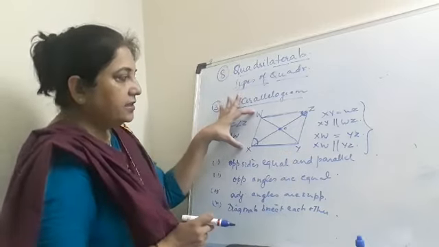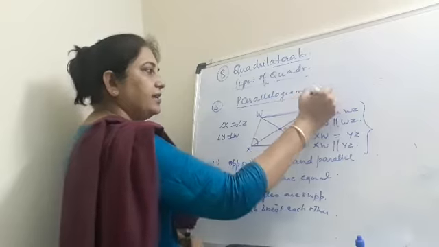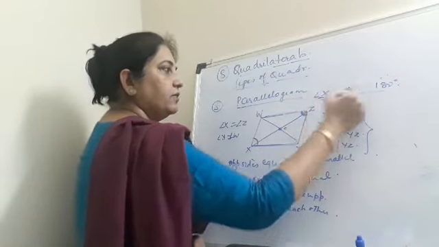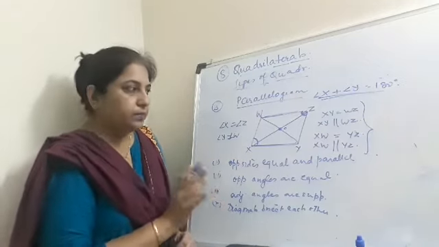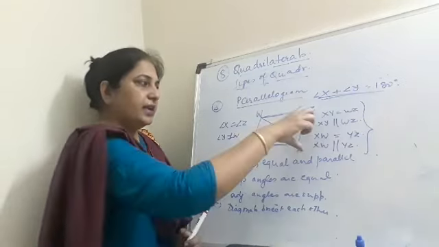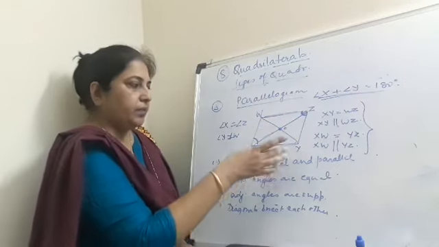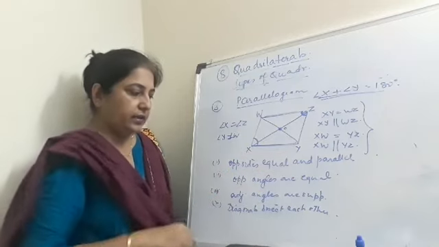These two are adjacent, they are supplementary. And what is the meaning of supplementary? Angle X plus angle Y is equal to 180 degrees. You have studied this in your previous classes. So any two adjacent angles you take, you will write that the adjacent angles are supplementary, and they will sum up to 180 degrees.